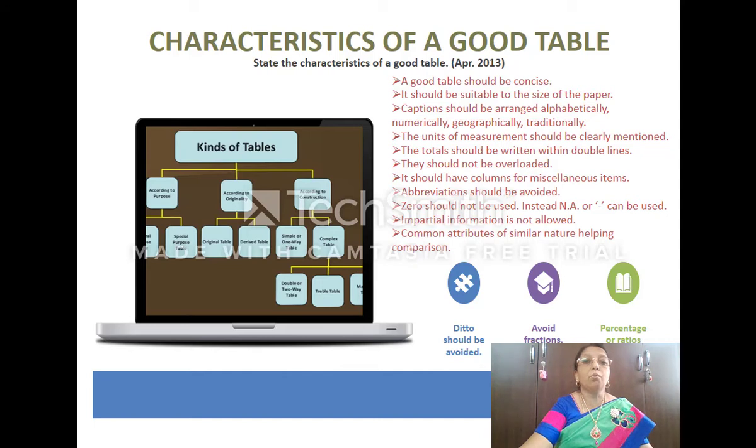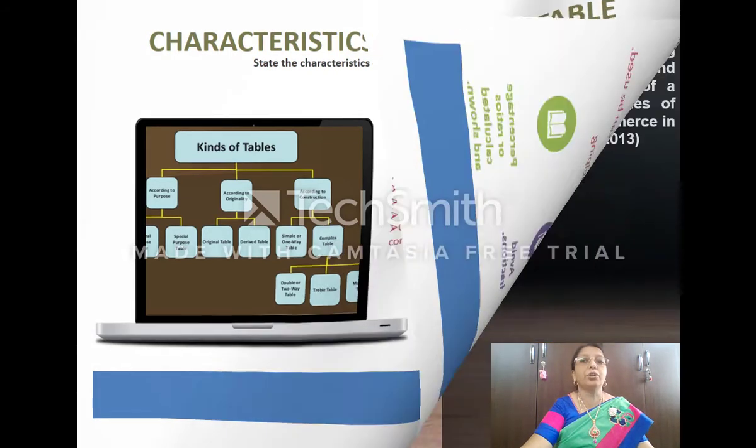All these are to be avoided, because sometimes ditto may look like 11. Impartial information is not allowed, so totally correct, complete information should be there. Common attributes of similar nature will help in comparison. You should avoid fractions. Percentages or ratios can be calculated and shown.